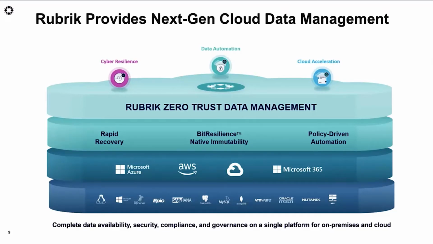Your data cannot be modified, deleted, or encrypted by ransomware, and you're ready to recover and have data always available. And lastly is the policy automation. You can automate all of your data operations with a simple set of sliders that give you massive control while replacing those hundreds or thousands of backup jobs with a simple SLA declarative framework.